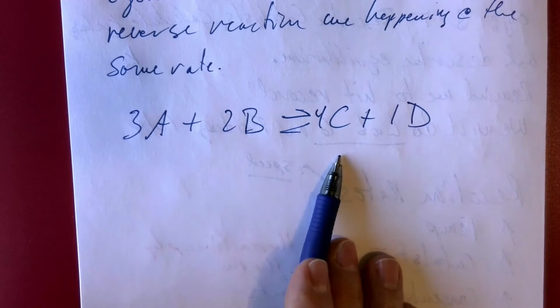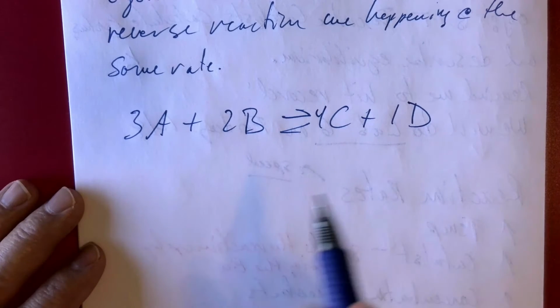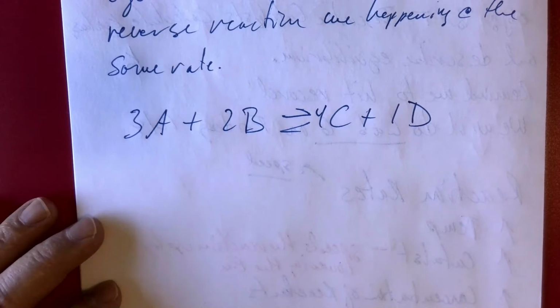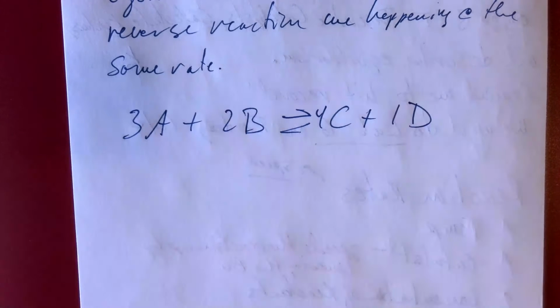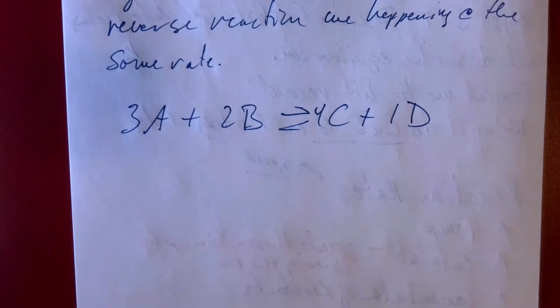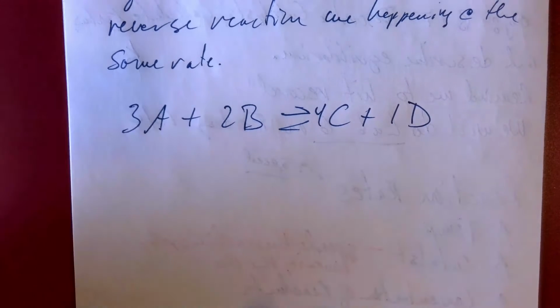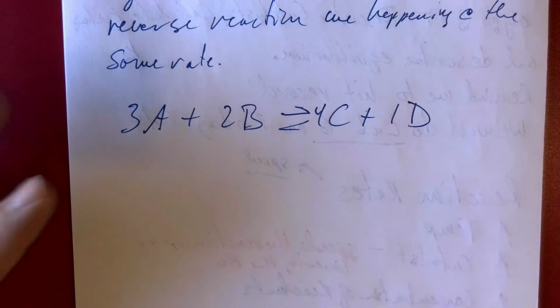Okay? Now, equilibrium is important especially in industry. Okay? As a consumer, you just don't see it very much, which I think is why it's hard for students to grasp this concept. Okay?